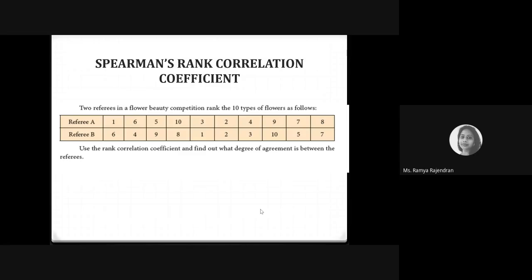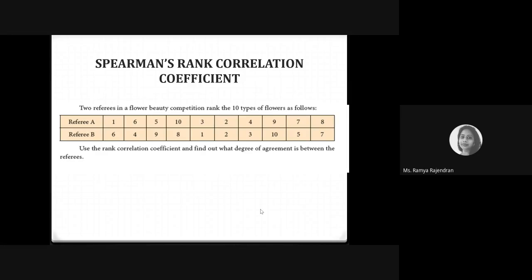Now we are going to compute correlation through Spearman's rank correlation coefficient method. Usually this method is used when you have the data represented in ranks. For example, people use this when two different judges are available to evaluate a game, a contest or a competition.